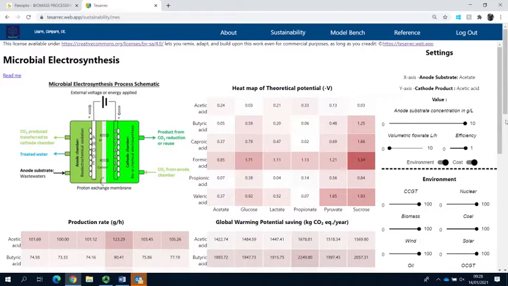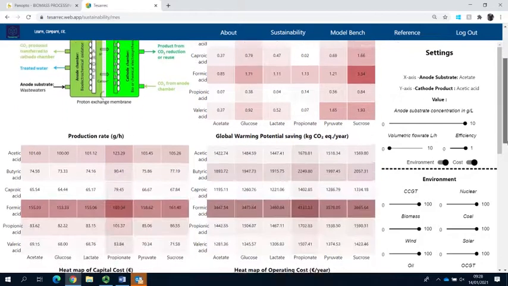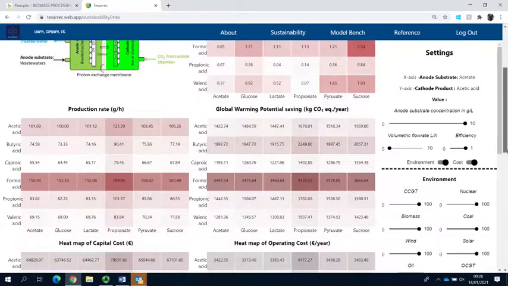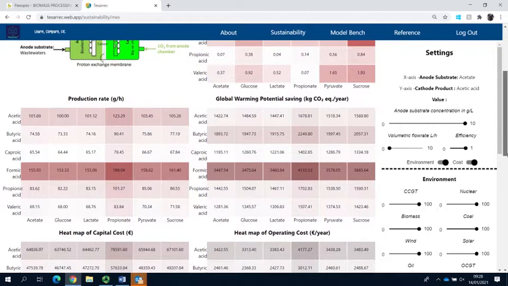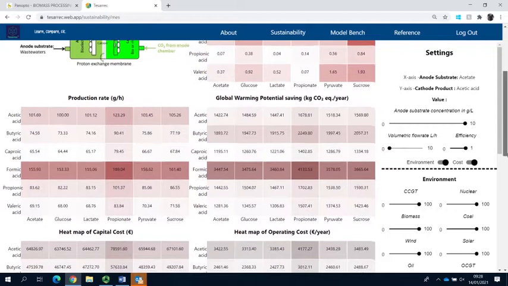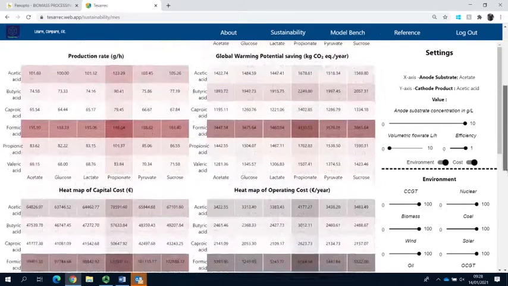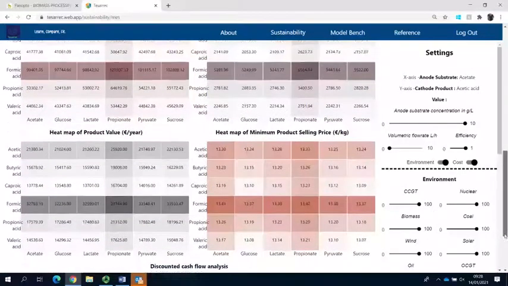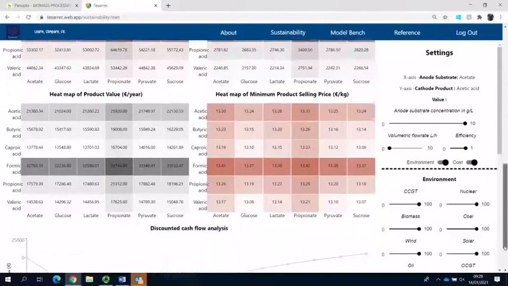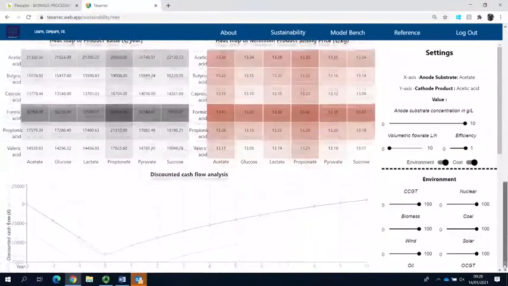Minimum level, you expect to see the technical process performance, such as production rate, the environmental performance, such as global warming potential saving by the new process displacing the old or existing process, cost parameters such as capital cost, operating cost, cost of production or minimum product selling price, the discounted cash flow analysis.